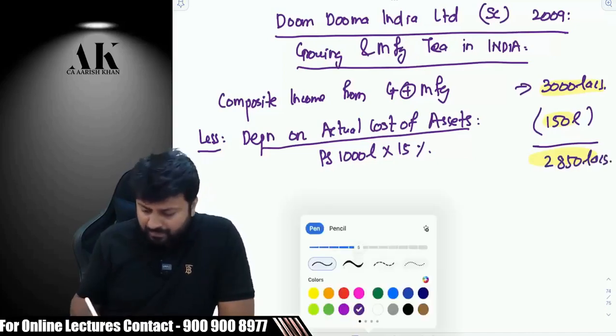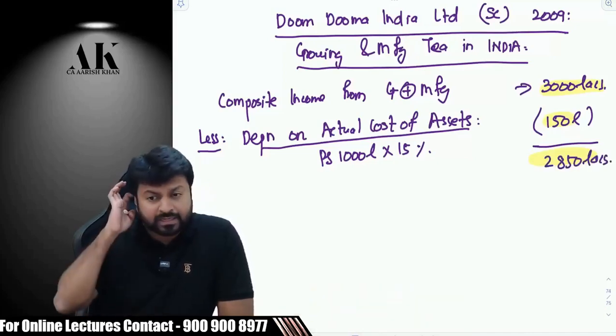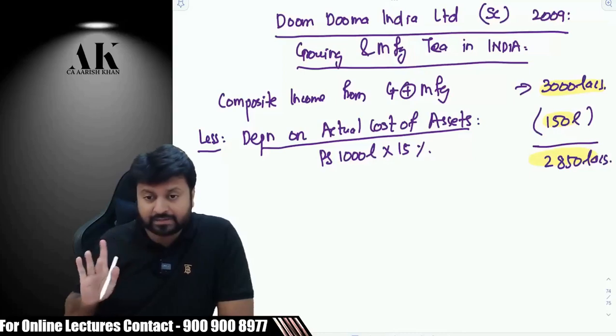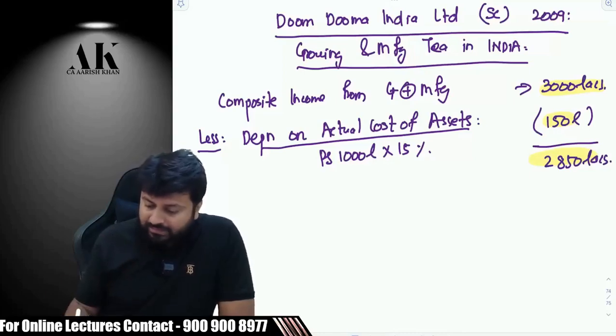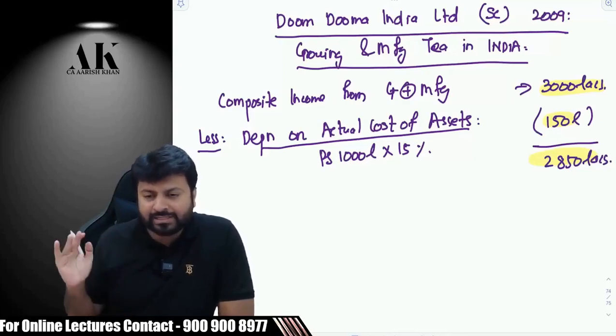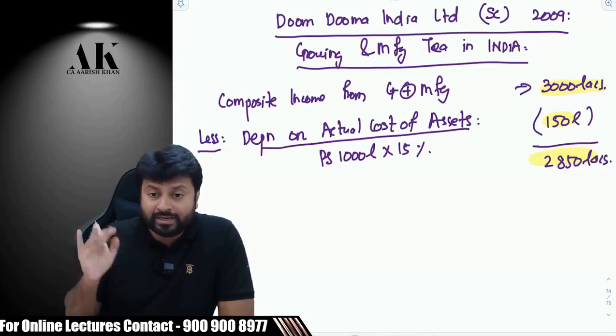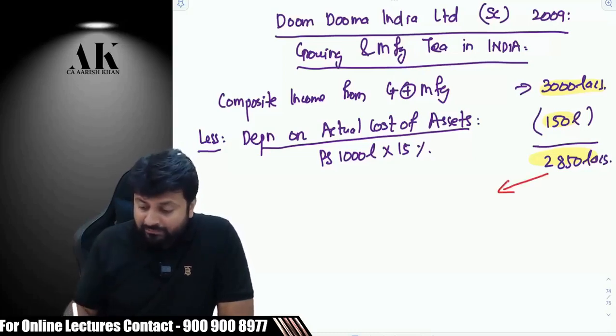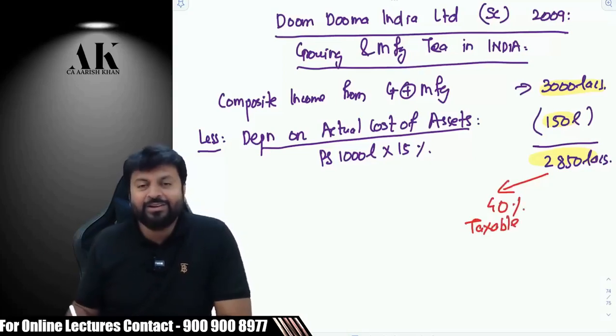Now, listen carefully. Please pay attention. This is not the amount on which the assessee will pay tax, because you would have done in CA Inter that if an assessee is engaged in growing and manufacturing tea, then only 40% is a taxable income. Do you remember that?